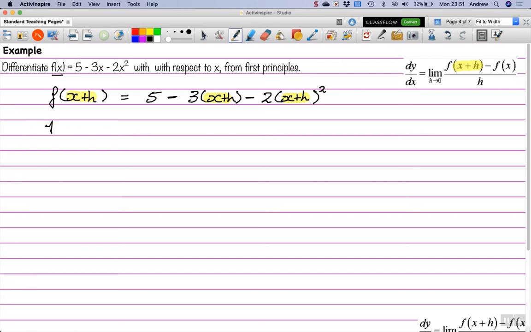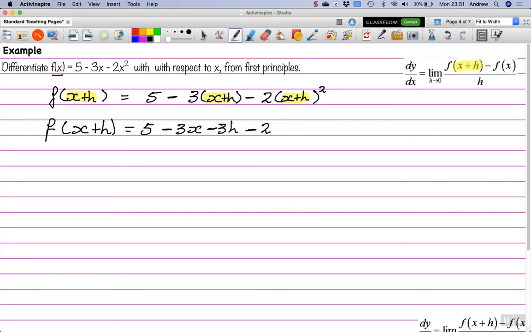Tidy up line. f of x plus h is now going to equal 5 minus 3x minus 3h.